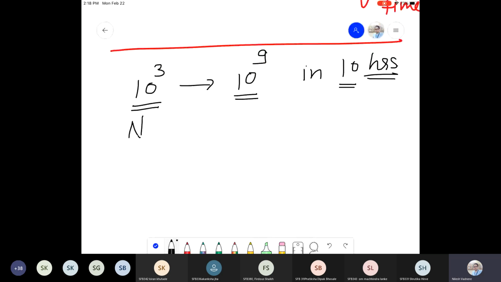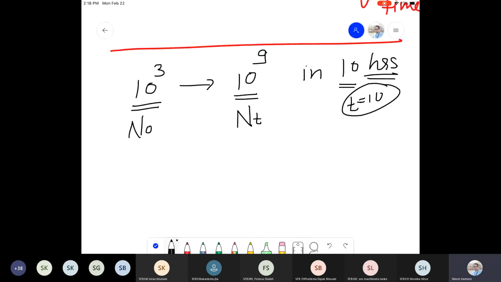This n0 is equal to 10 raised to 3, nt is equal to 10 raised to 9 and t is equal to 10 hours. चलो ये मैंने आपको बता दिया. Now you have to apply a proper equation to get the generation time.